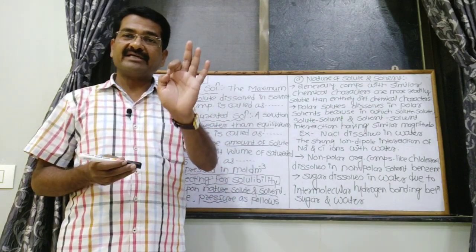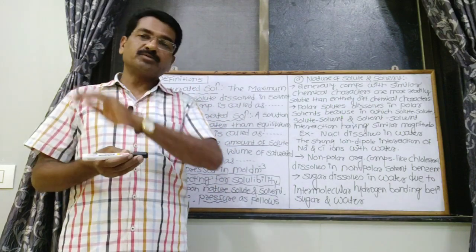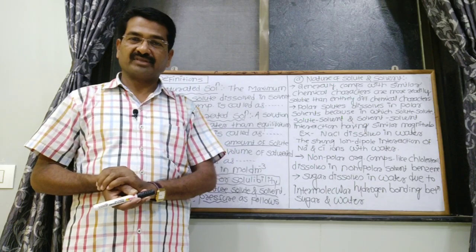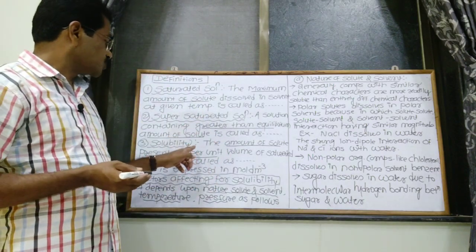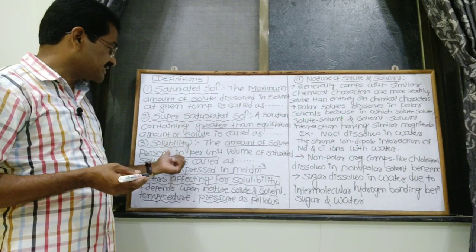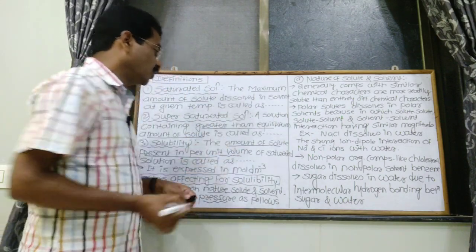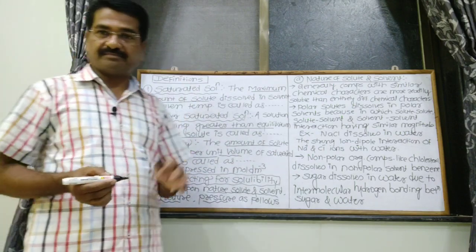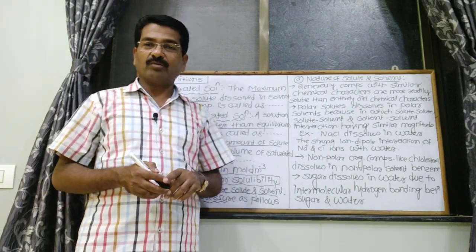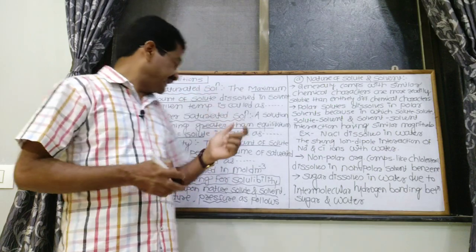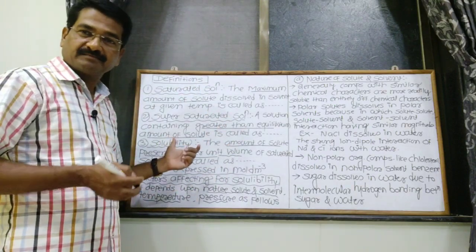Generally, solubility is measured in 1 liter of solution, 1 dm cube of solution. Therefore, we can say solubility is the amount of solute present per unit volume of saturated solution.